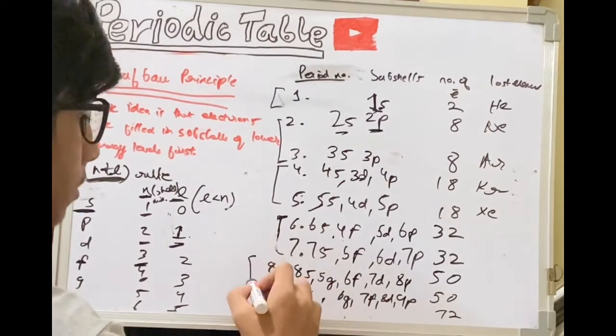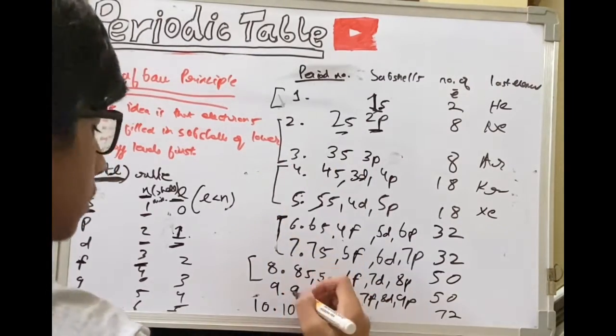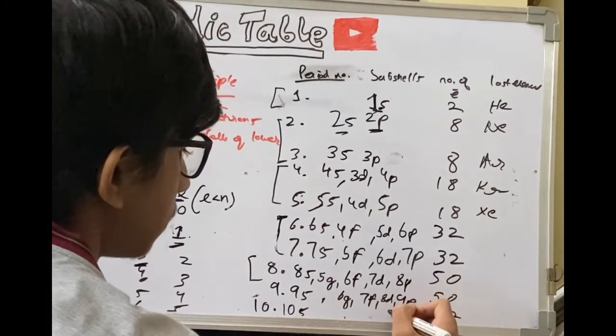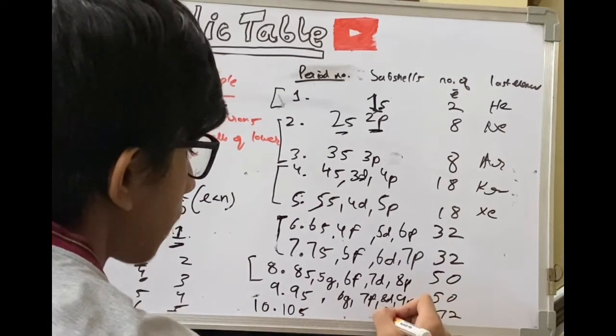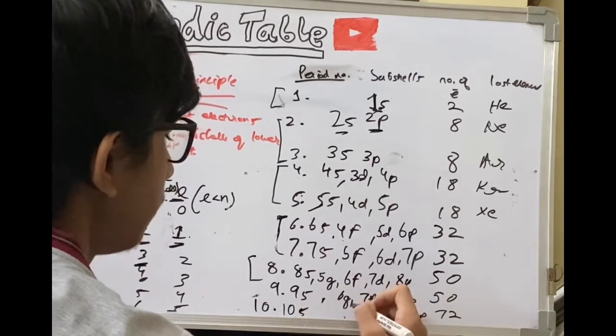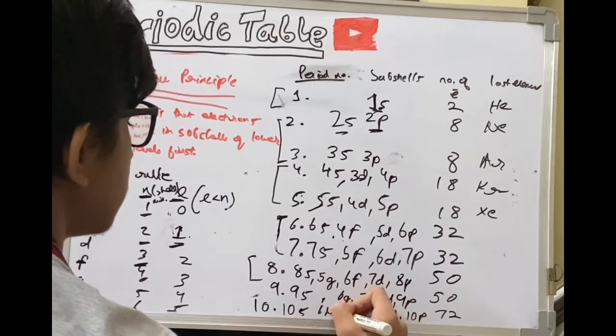Now this has 5, so this will have 6, going by the pattern: 9d, 8f, 7g, and 6h.